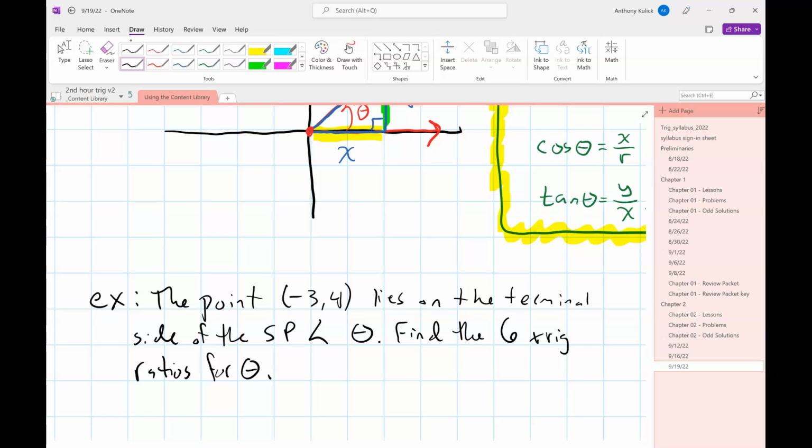Okay, let's say the point (-3, 4) lies on the terminal side of the standard position angle theta. Find the 6 trig ratios for theta.